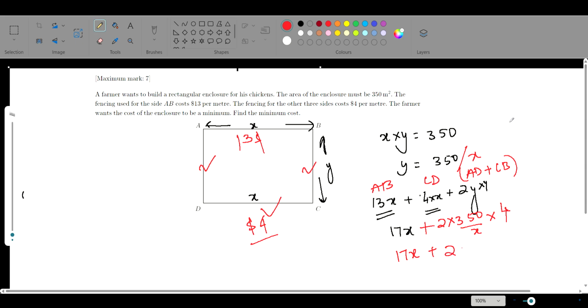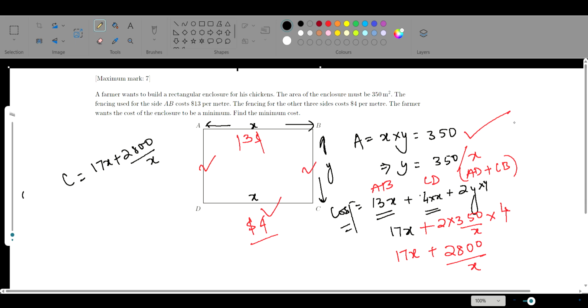Wait, how did you get the 350? Oh, that's the area. 350 is the area, X times Y. And we get the Y in terms of X, that is 350 upon X. And I substitute that in the cost function. Oh, okay. So my cost function is 17x plus 2800 upon x.